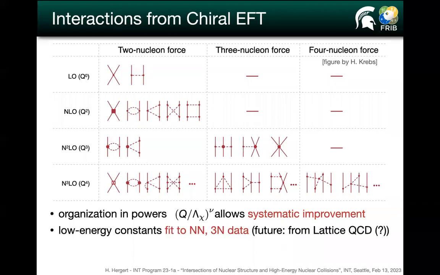As I said, there are low energy constants that appear in this theory. So it's primarily these vertices, which you may notice are not all of the same size and shape. Some of these low energy constants we can determine from pion nucleon scattering, and this can be done very accurately. Then there are others that purely involve nucleonic degrees of freedom, and these you would normally fit to nucleon-nucleon scattering data.